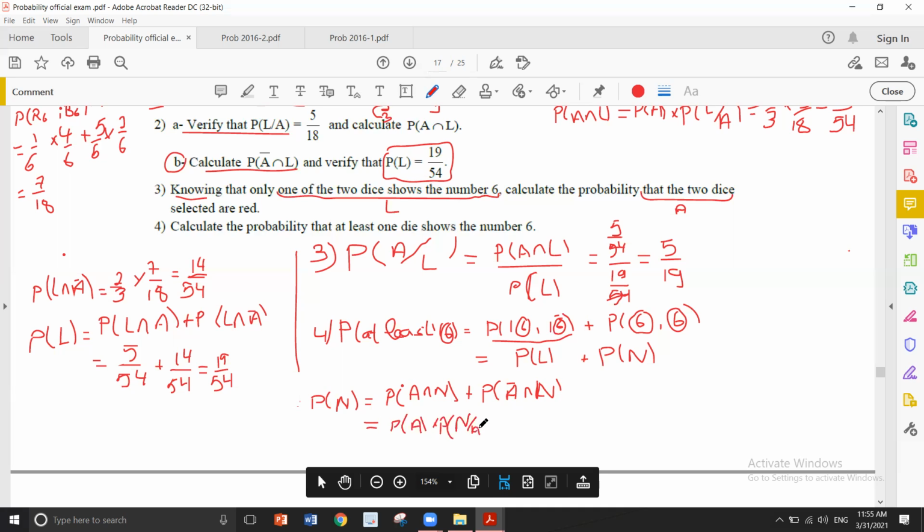Why did I take A? Now to get two 6s, either I can have two red dice and we get two 6s, or I can have one red and one black. Yes? But he did not say the red die is numbered from 1 to 6, and the black ones also contain the number 6.